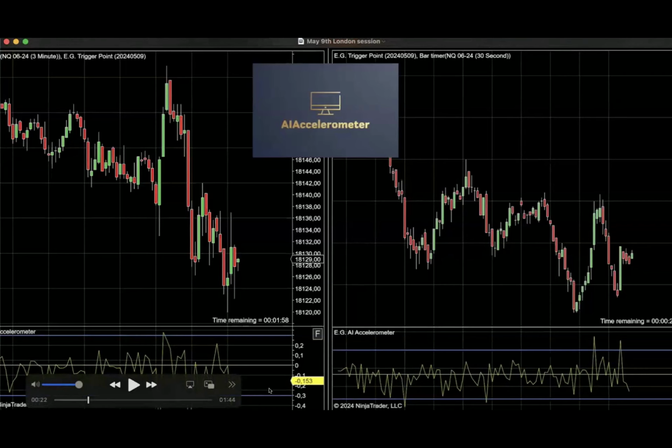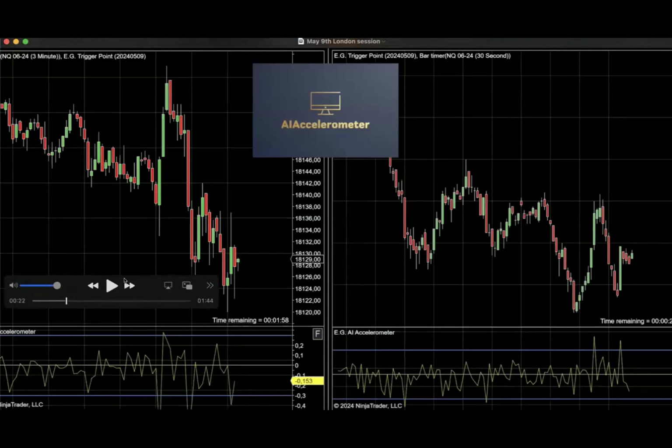On the left side, what we could see was also some, for me, bullish formation. So going a little bit to here.